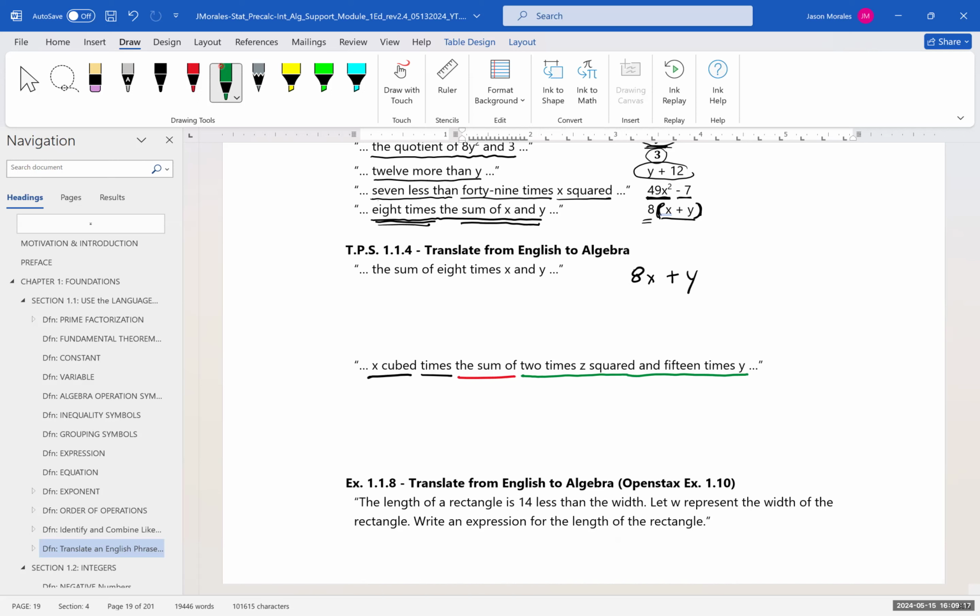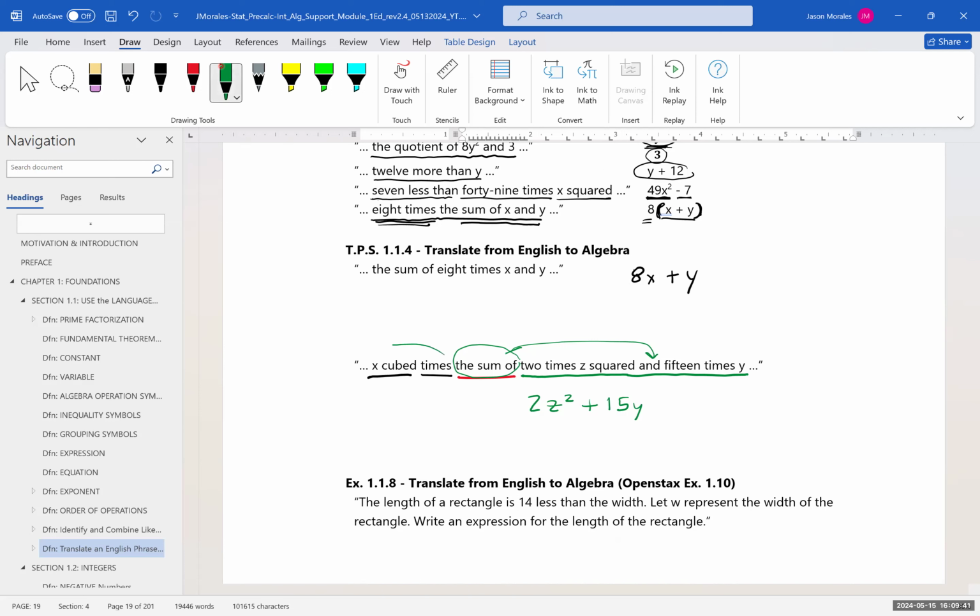This sum of is talking about adding this 2 times z squared and 15y, because we're talking about addition.